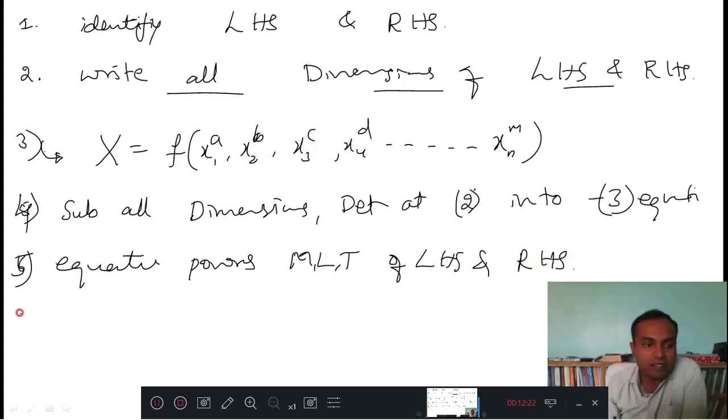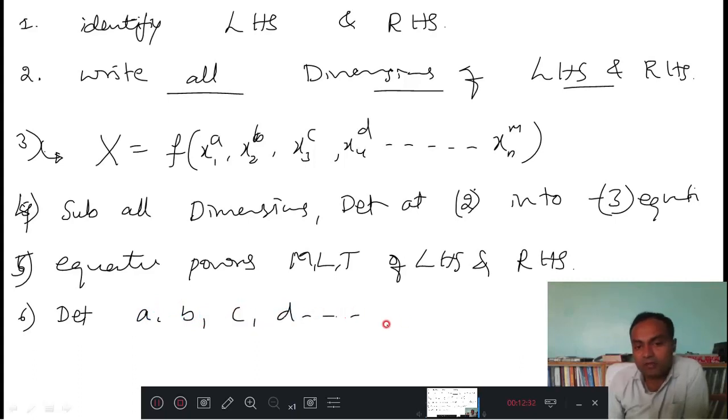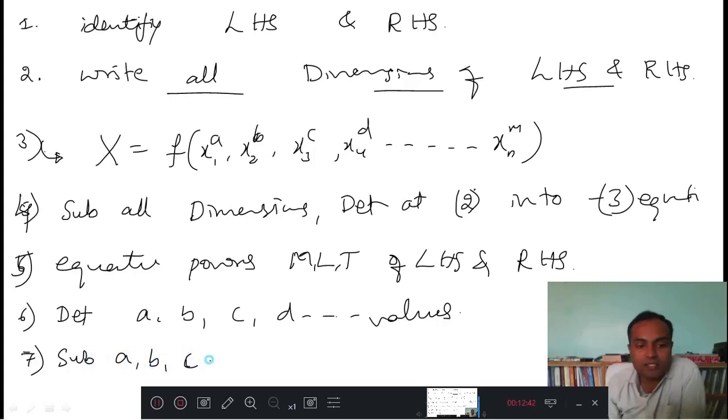Equate them. Then the sixth point is to determine the A, B, C, D values. Then the seventh point is to substitute the A, B, C values into the third point equation. Over.